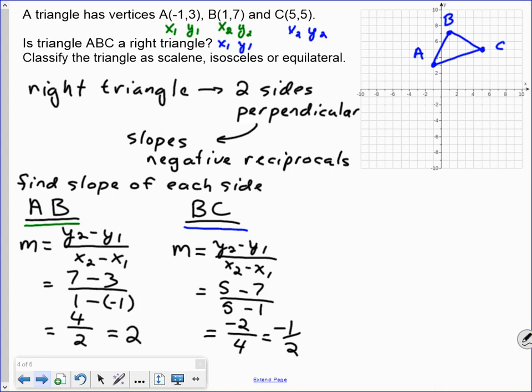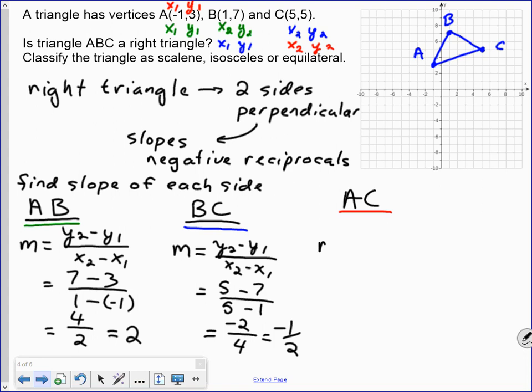And then finally, we would go ahead and calculate the slope of side AC. Once again, we're going to change which one is x2 and which one is y2. So I'm going to say this is x2, y2, and this is x1, y1.